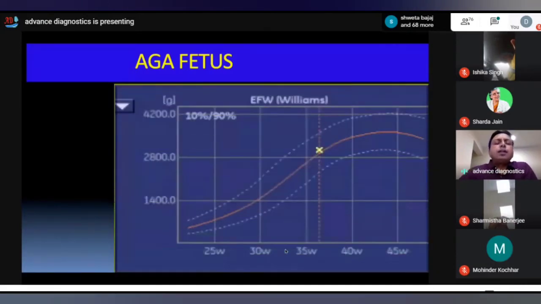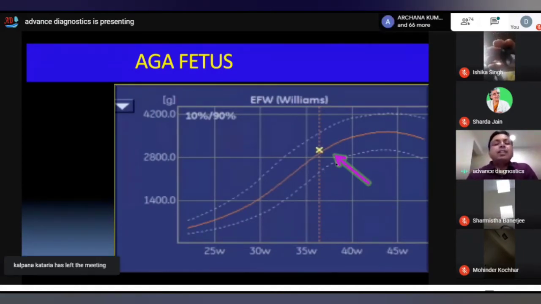The story starts when a paper from Netherlands published that fetuses between the 10th and 50th centile also need our concern, because these fetuses also show signs of FGR and have poor outcome. So basically AGA fetuses are the group between the 50th centile and the 10th centile.